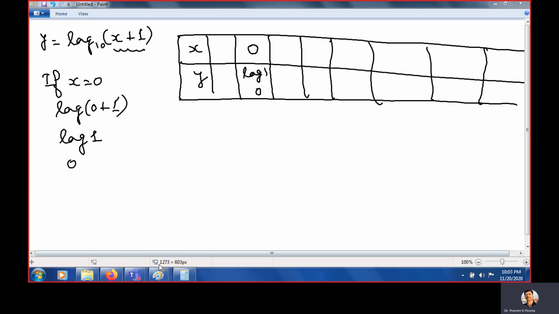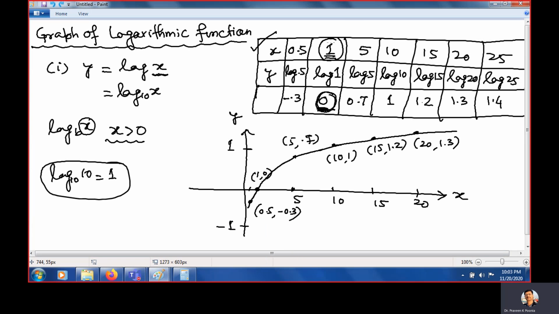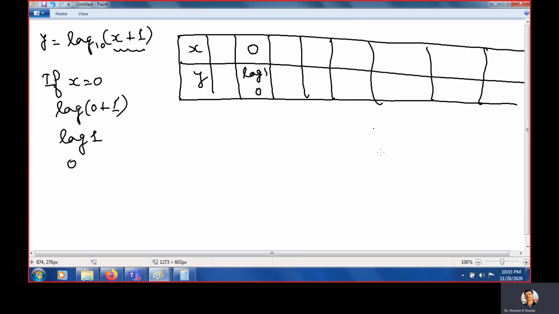In the previous question it was at 1 because only x was there, but in this question it is at x equal to 0. So you need to take one value here less than that, subtracting 0.5. So 0 minus 0.5 is -0.5.